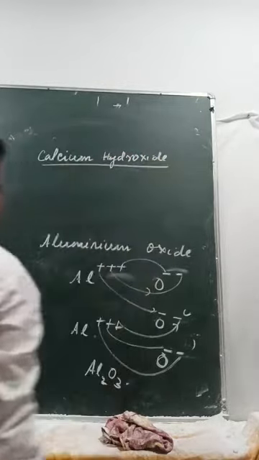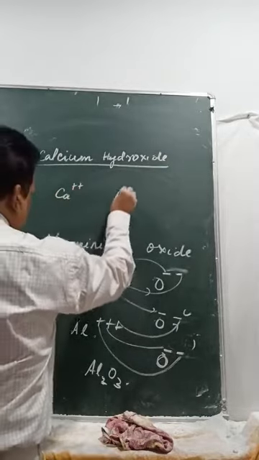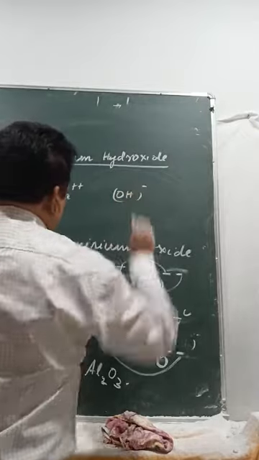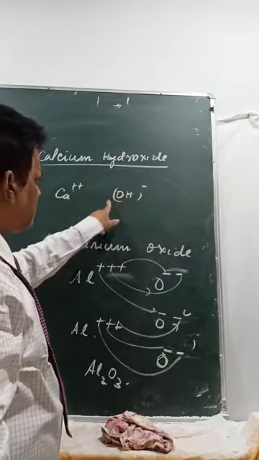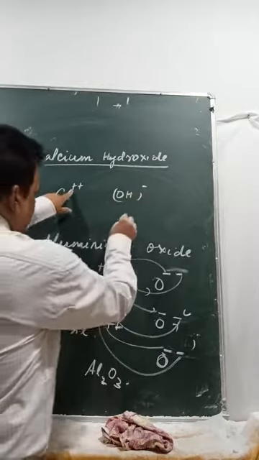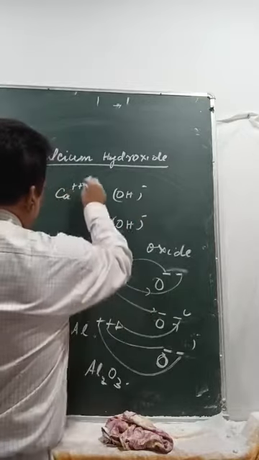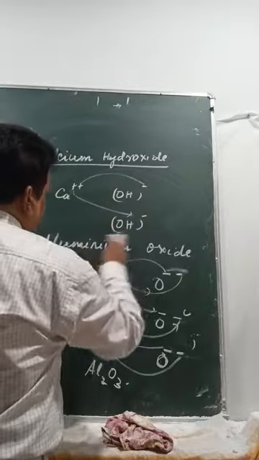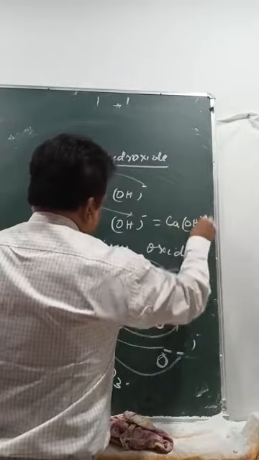You should remember the valency: Ca plus plus, OH 1 minus. So Ca can give 2 electrons, but it will receive only 1 electron, means 1 extra is here. So for that you need 1 more hydroxide. So 1 will go here, 1 will go here. That means what do you get here? Ca(OH)2.